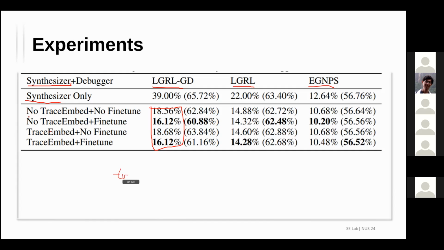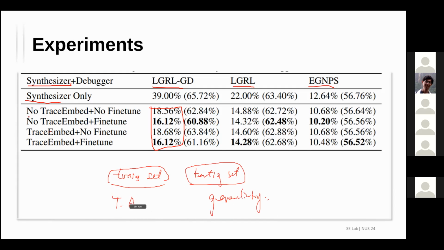So we have some training set here and we have some testing set here. The testing set is going to decide the generalizability, and the training set here is about the training accuracy. Based on their methodology design, they can only improve here instead of here, right?